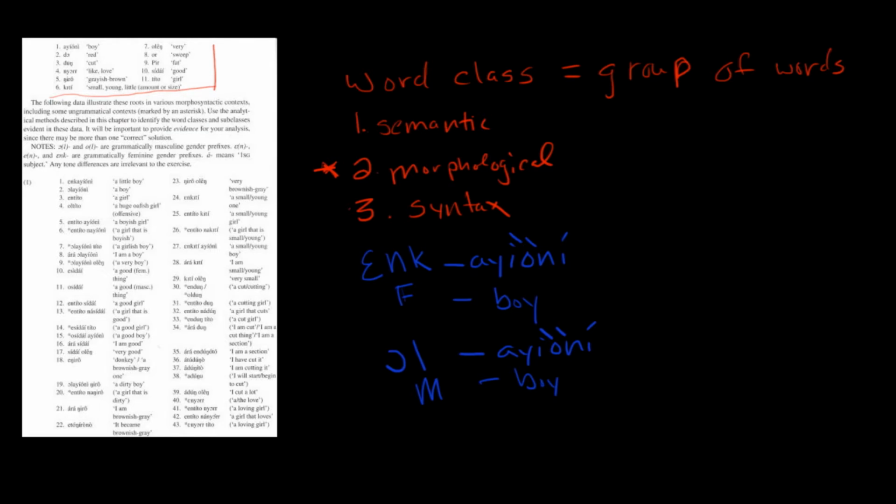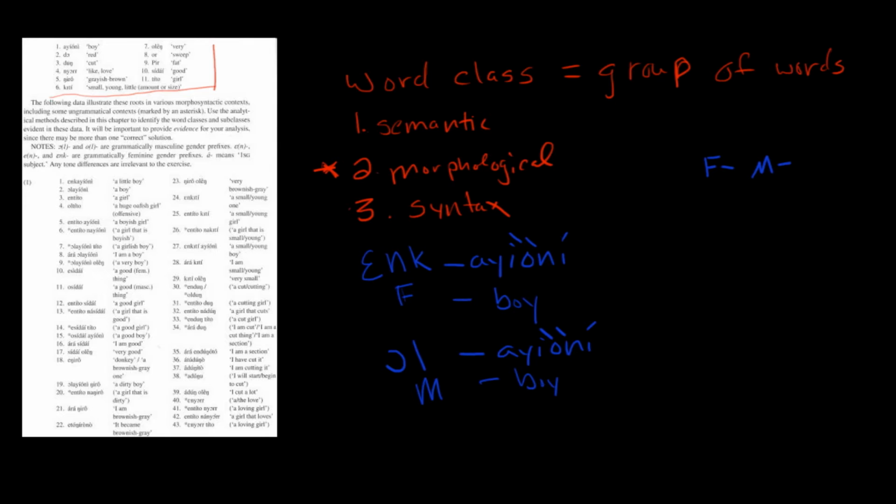So, for example, we'll call one criteria: it can take the feminine prefix, and we'll call another one: take the masculine prefix. Okay, and there's a lot of ways you can do the analysis. It depends on your morphological analysis, and so there was never one right answer about the way you group word classes. You just look for the most right answer, the one that has the most support according to the data.